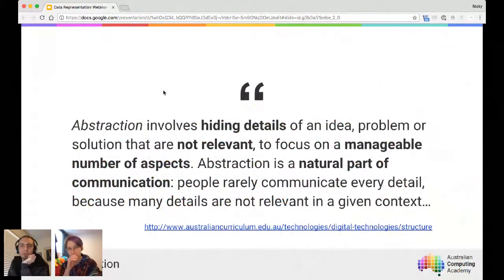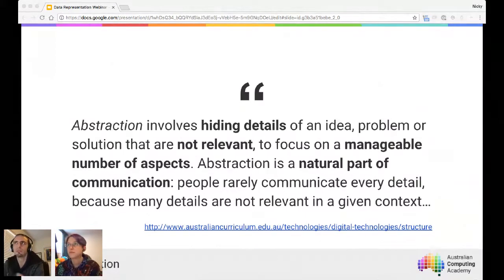And so I think that's a really good opportunity for us to say that one of the concepts that doesn't actually live on its own in the Australian curriculum is that of abstraction. The reason is that abstraction is a fundamental concept that is a part of every element of digital technologies.